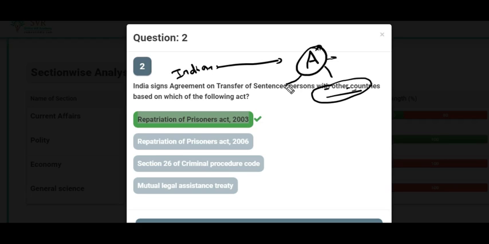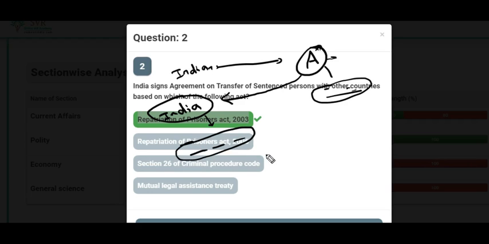And if any national from country A comes to India and commits some crime, the national from country A will be punished according to Indian law and he will be in jail for the prescribed period of time.